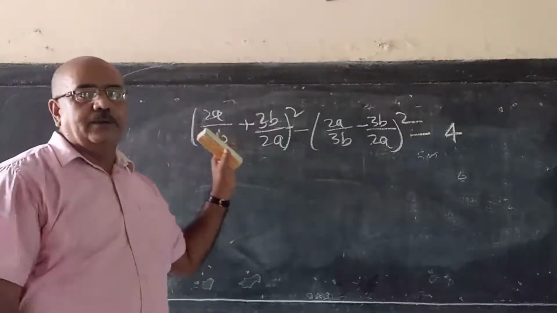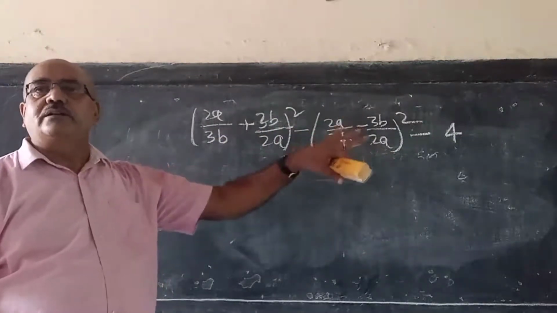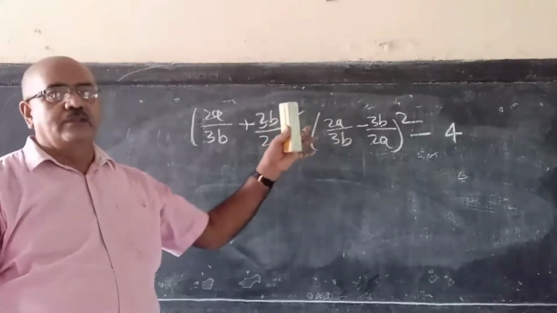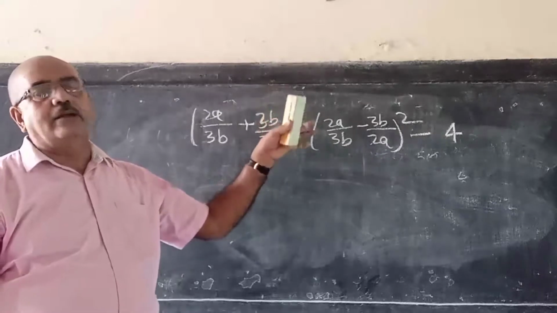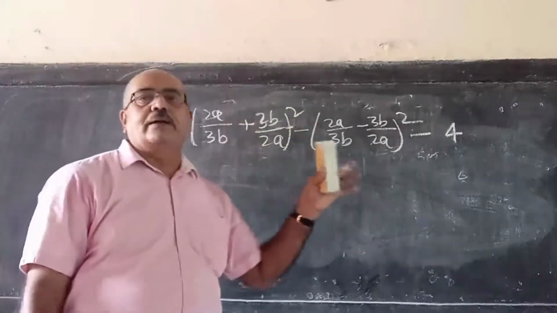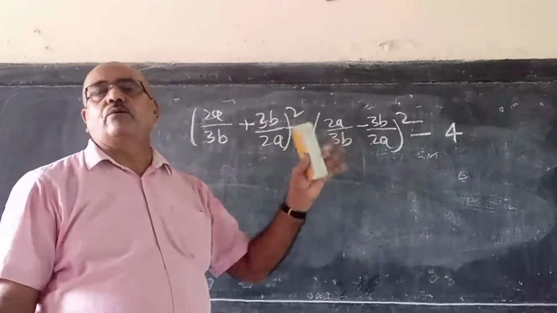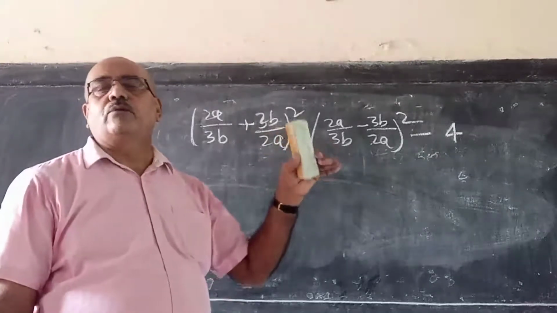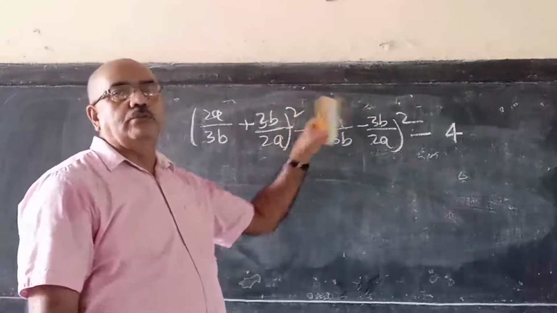I have already given you (a plus b) whole square minus (a minus b) whole square. What is the result? (a plus 1 by a) square minus (a minus 1 by a) square, that is equal to 4.